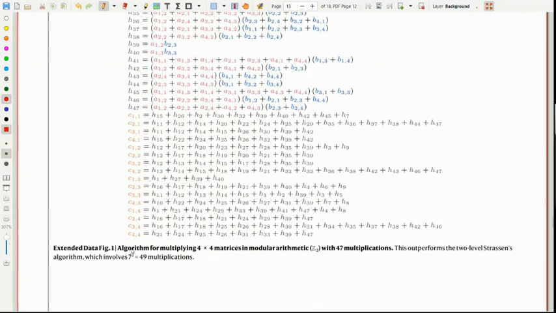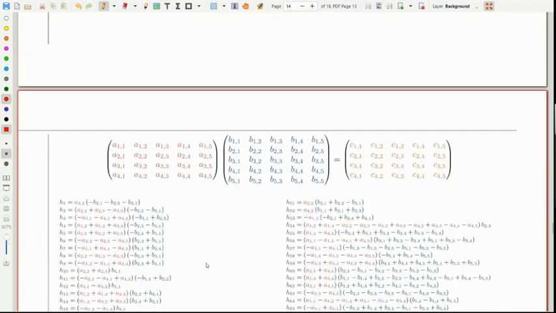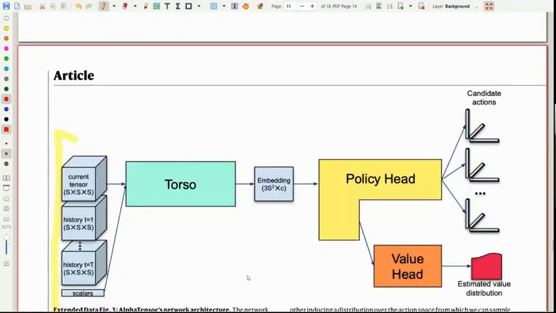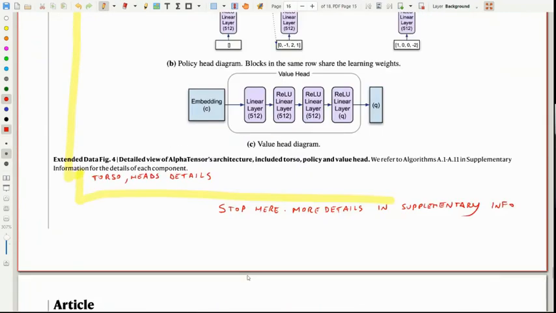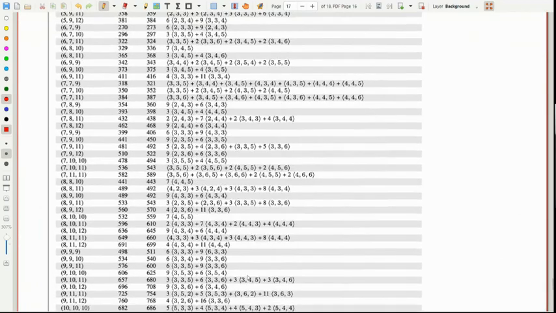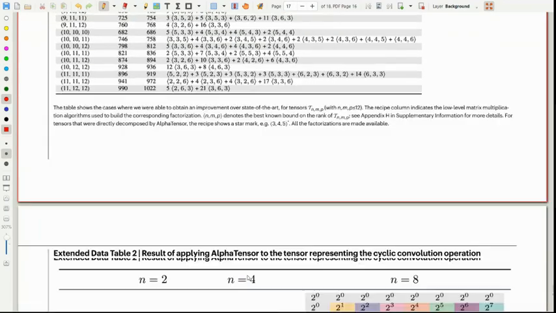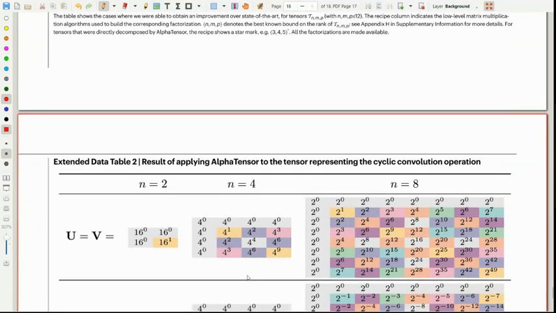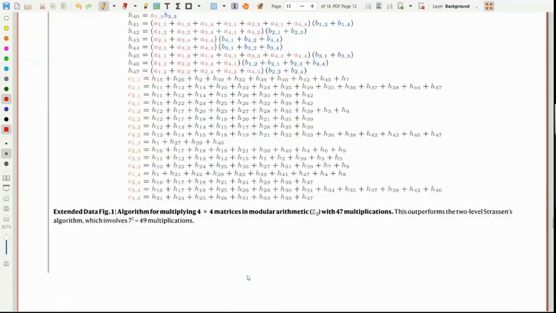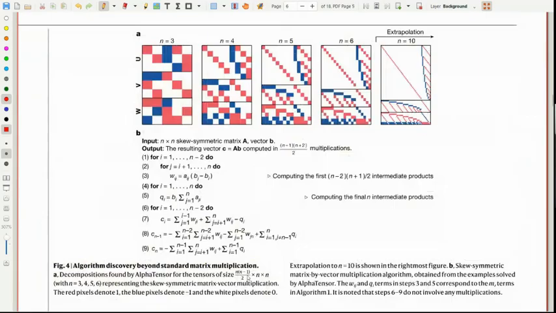Okay, this is an algorithm for multiplying 4x4 matrices in Z2 with 47 multiplications. The previous best known was with 49 multiplications. I hope there is also the new 3x3. 4x5 by 5x5. Okay, I cannot find it here, but I'm pretty sure there is.